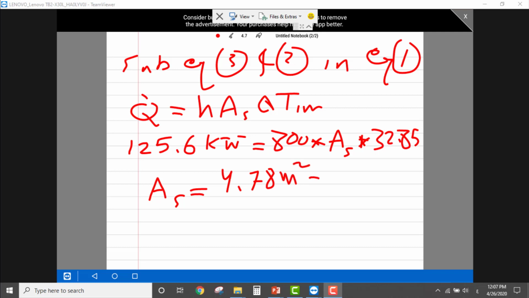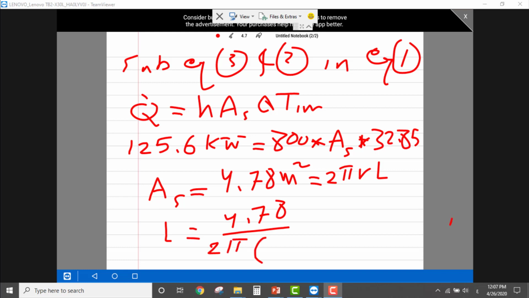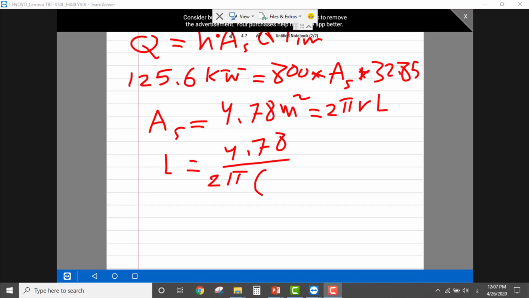And this is equal to 2 pi R multiplied by L. So from here L is equal to 4.78 divided by 2 pi multiplied by the radius, but we have the diameter, which is 2.5 multiplied by 10 to the minus 2 because it's in centimeter, divided by 2.